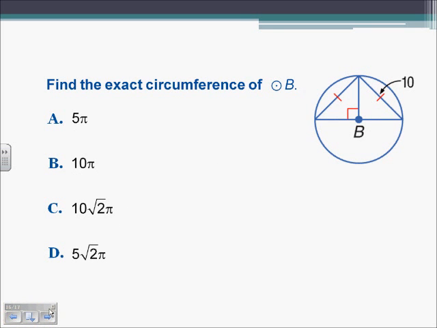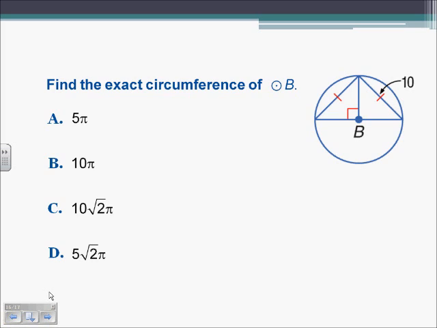Find the exact circumference of circle B. So again, we have right triangles in our circle. So we need to find the radius or the diameter of that circle.